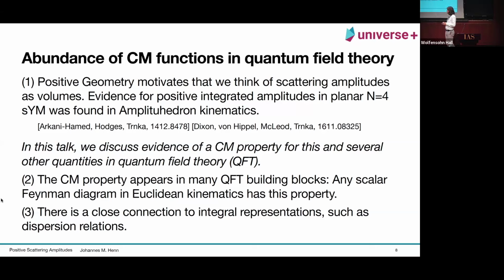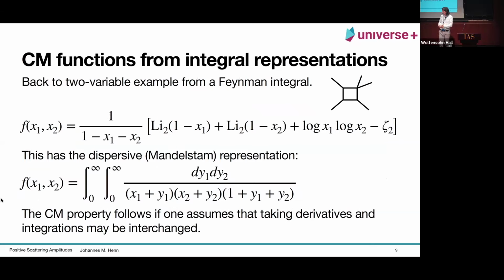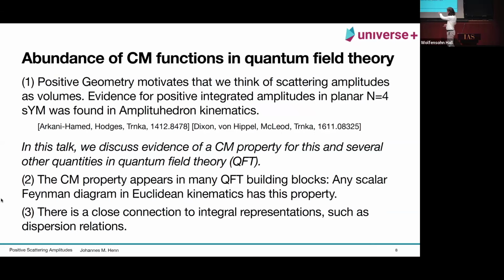We'll see it as something very common in Feynman diagrams which have a Euclidean region. And moreover, and this will be useful also for proving the property, it's closely connected to dispersive representations that satisfy certain conditions. So let's go from here backwards up that list.